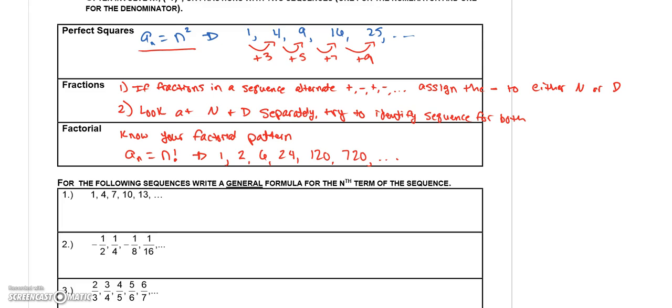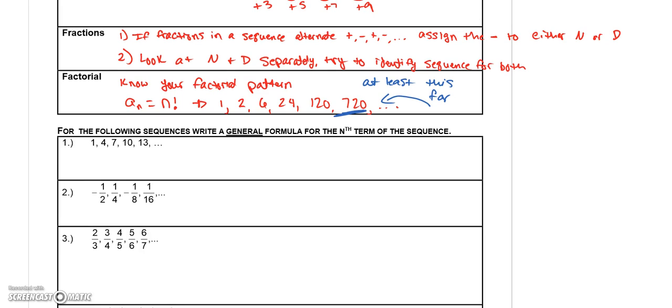I would know at least that far. That's what all the cool kids do. They know at least 6 factorial and everything before it. Telling you.